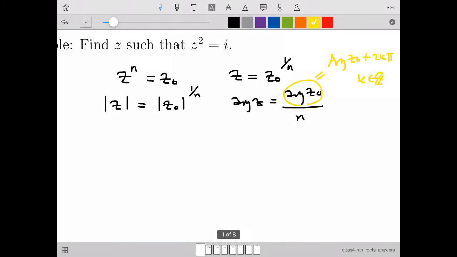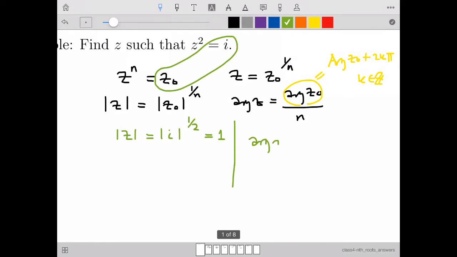So here z0 equals i. The absolute value of z is the absolute value of i to the 1 over 2, which is 1. And arg of z is the principal argument of i, plus 2k pi, all over 2.